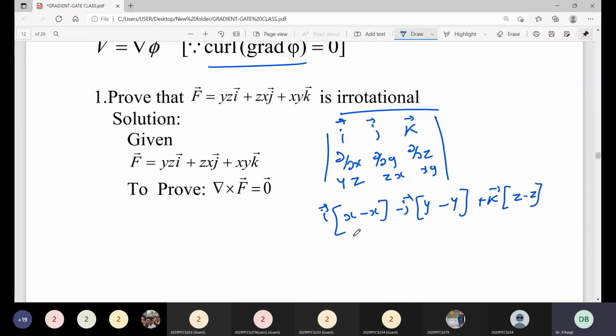Therefore, i into 0 minus j into 0 plus k into 0, which is 0. Therefore, del cross F is equal to 0. Now we have proved the function F is irrotational.